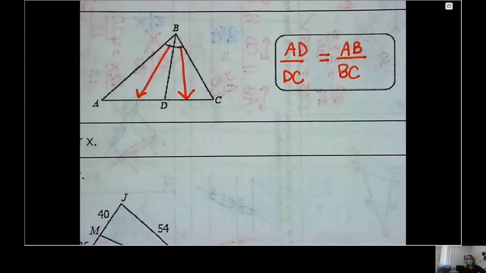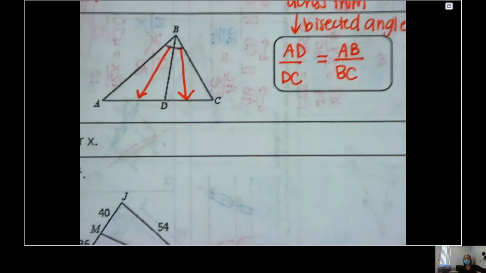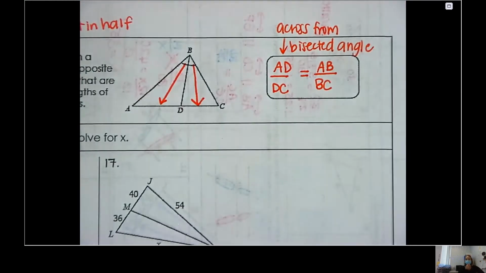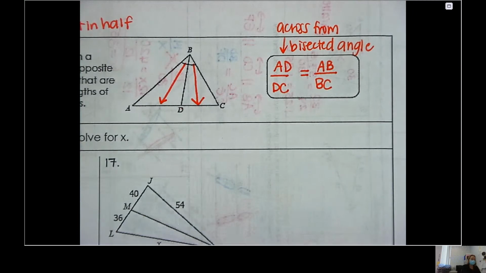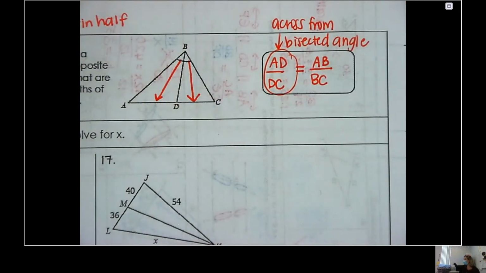And then I'm going to pick this side over here, BC, as my last one. So your first proportion, these two are always the ones that are across from the bisected angle. Sorry, I should zoom out, my bad. Across from the bisected angle, this is my first fraction here. And then the other two are the two that are left over.